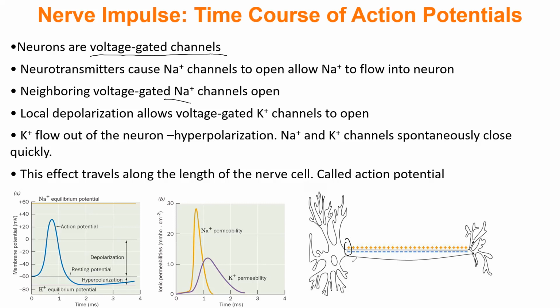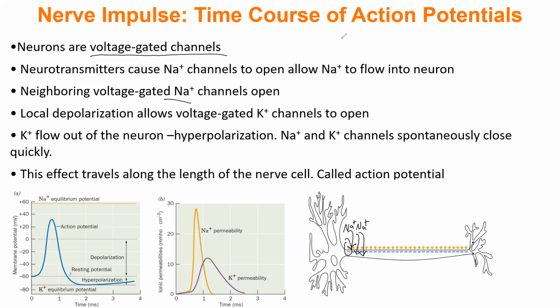When a sodium channel opens on your neuron, the sodium that was on the outside of the cell just rushes into your neuron. And what happens then is that the charge of your neuron changes.